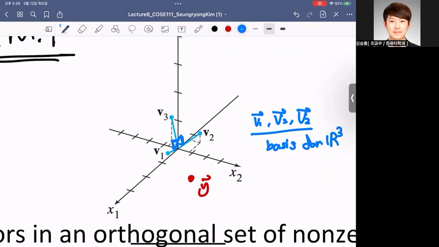Okay, so one of the very simple orthonormal bases was 1, 0, 0, 0, 1, 0, 그죠? 스탠다드 엘리먼트였죠? 0, 0, 1인데, this V1, V2, V3 can be a new coordinate system where we can understand Y, because any vector Y in R3 space can be represented as a linear combination of V1, V2, and V3.